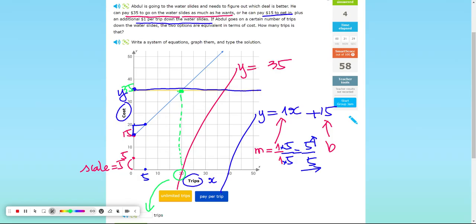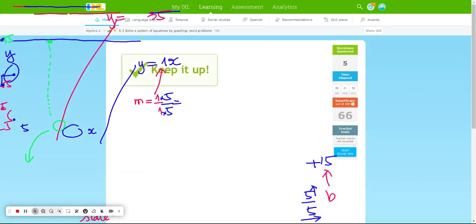Oh, I'm sorry. What's the number is that? 20. Okay. So if he make down the slide 20 trips, both plans will have the same cost, which is $35. Okay. Submit. Voila.